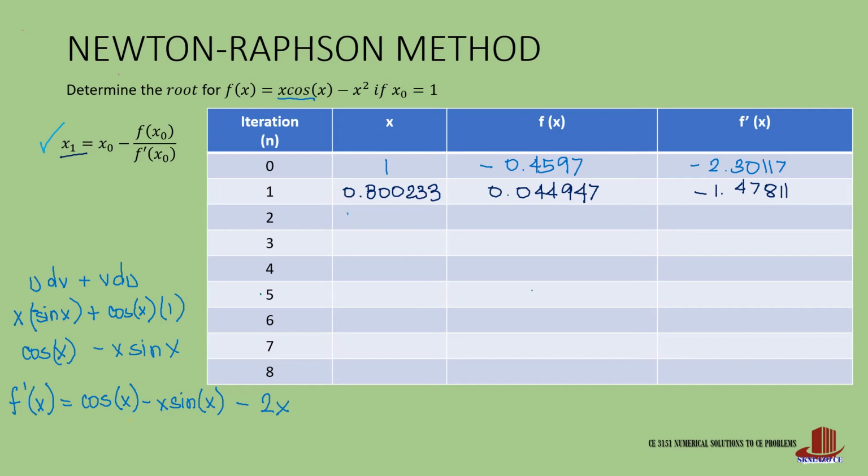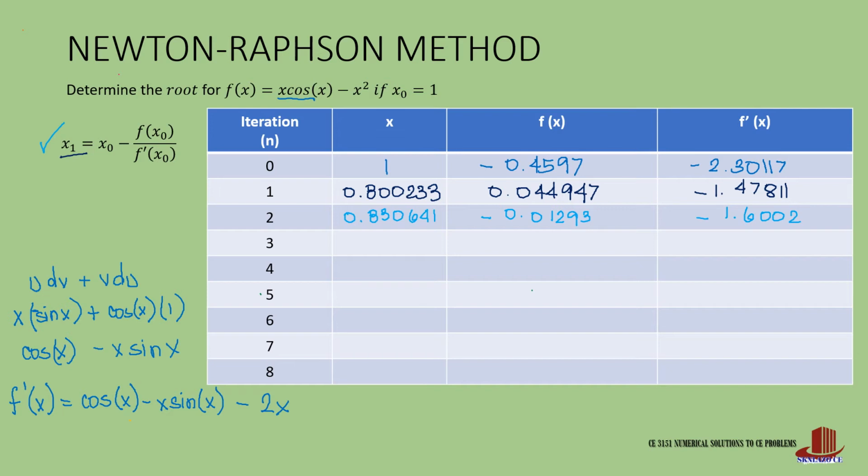And we arrive at 0.830641. Using this value for the functions, we get negative 0.01293 and negative 1.6002.